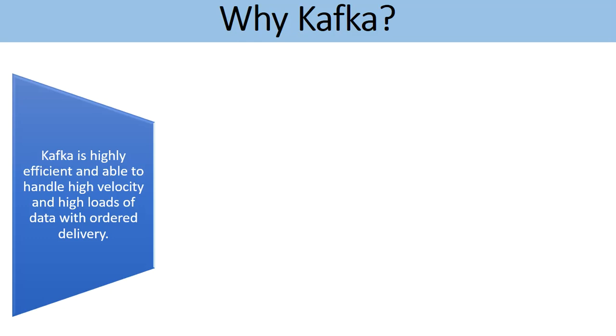And the good thing that Kafka does is that it ensures ordered delivery through the mechanism that is built into Kafka in terms of offsetting, in terms of persistence, and in terms of the way messages are stored. We will talk about this in subsequent slides as well.